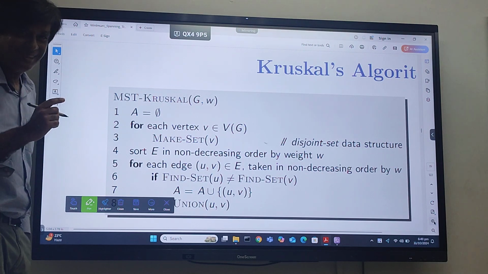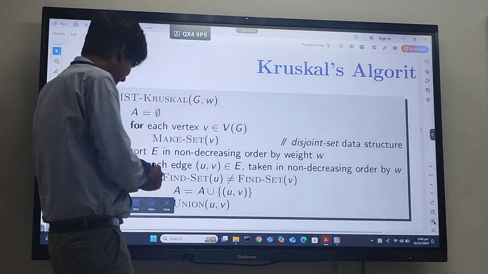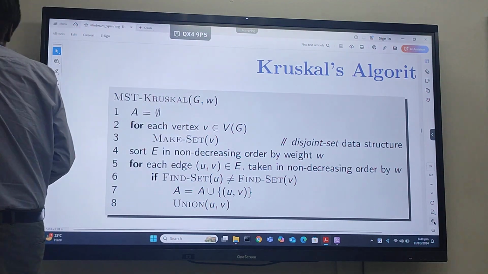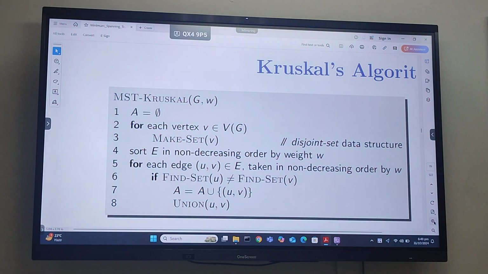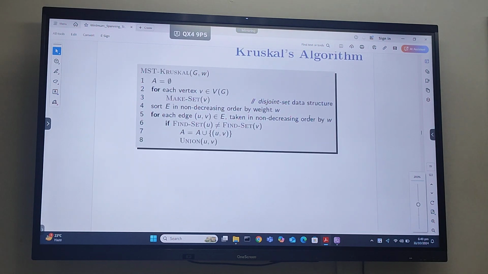I will explain it to you in the next slide. It creates a separate set for each vertex. The graph that I drew had 4 vertices, so it will create set 1 containing just the vertex A, set 2 containing just B, and so on.